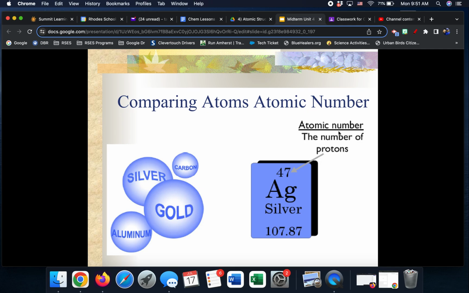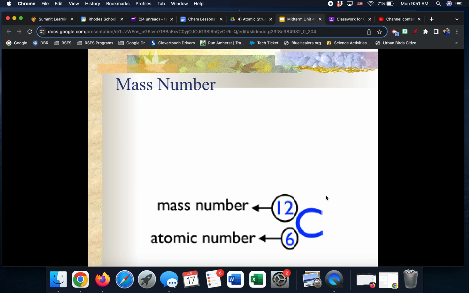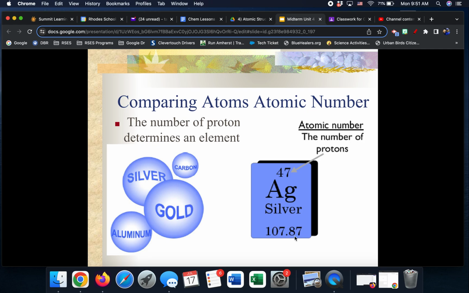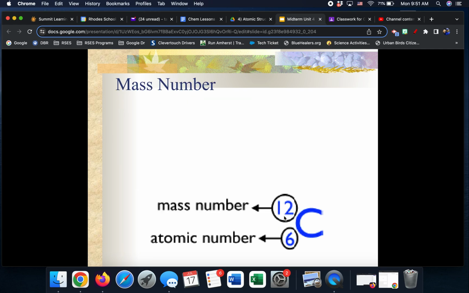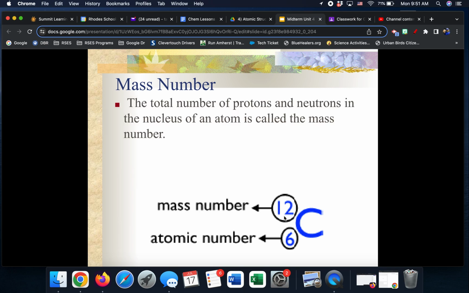All right, so atomic number, we said, is the number of protons, period. In this picture, 47, so silver has 47 protons and also 47 electrons. The mass number, in this case, 107.87, in this case, 12, is the number of protons plus neutrons, because we said that's all that matters.